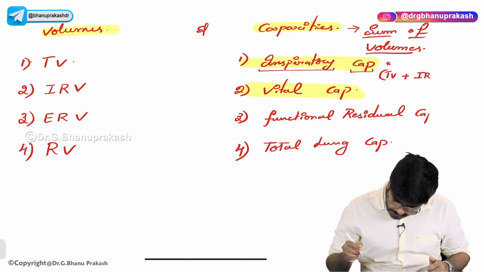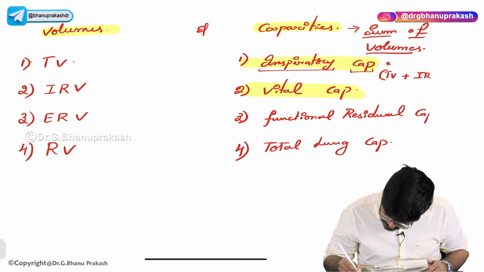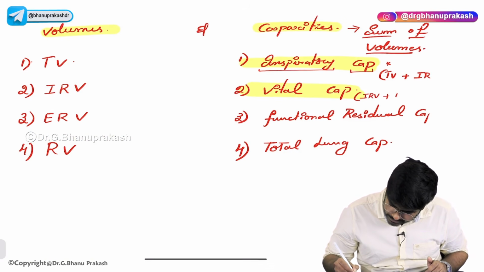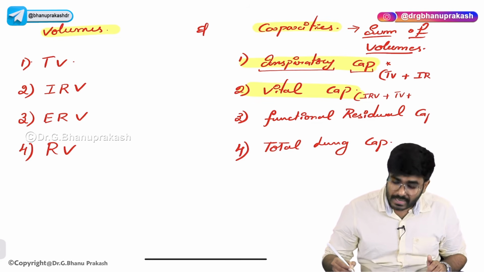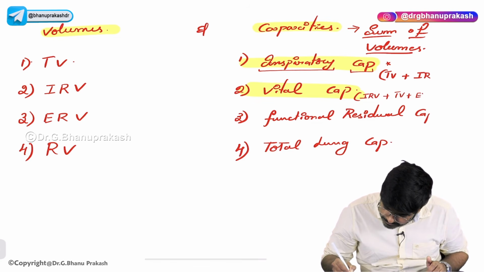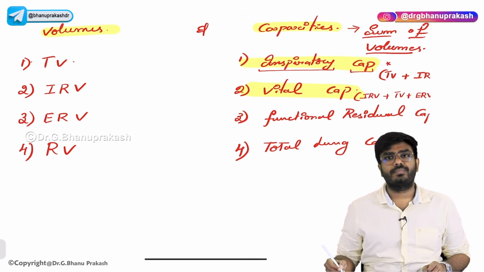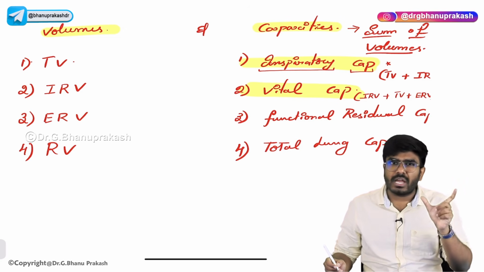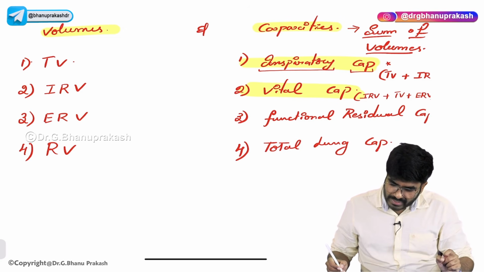Now let's write it down here. What is the formula of vital capacity? It is inspiratory reserve volume (IRV) plus tidal volume plus expiratory reserve volume. Or we can also have one more formula for vital capacity.